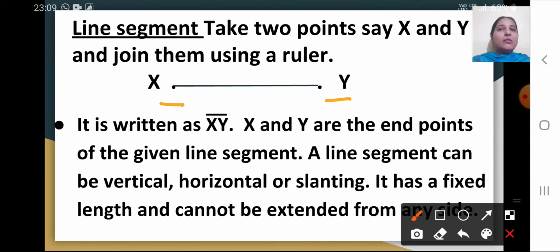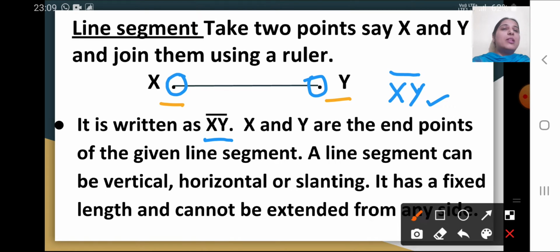The figure obtained is called line segment XY, and it is written like this: first we write XY and put a small bar over it. This will be read as line segment XY.